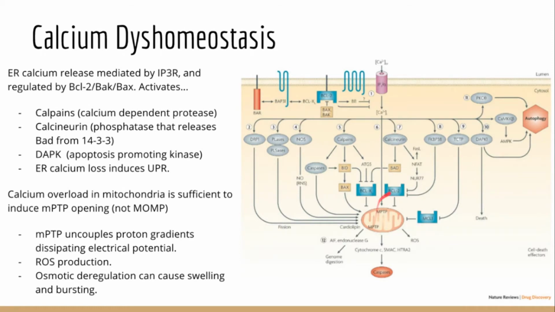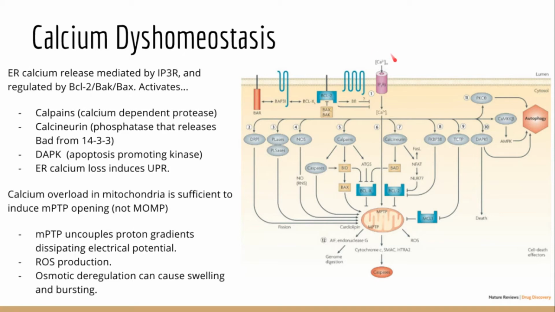So it's entirely possible that BH3 protein upregulation can sensitize a cell to mitochondrial cytochrome C release by first opening calcium channels at the ER. To summarize, BH3 proteins can act at the ER membrane to remove BCL2's inhibition of IP3 receptors, sensitizing them to other signals to potentially help them open.